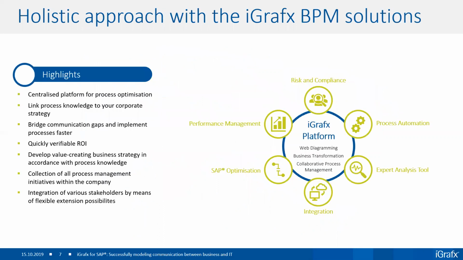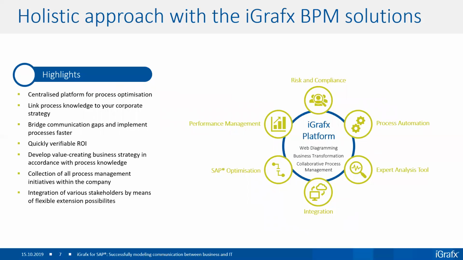And that's why iGrafx has developed a holistic approach. And we have different modules that can be enabled anytime that you need them or anytime that you have a new challenge in your company. You can start using that specific module. So as the topic of today is SAP optimization, SAP optimization is one of the modules. However, the module can only be used if you have the iGrafx platform already in place.